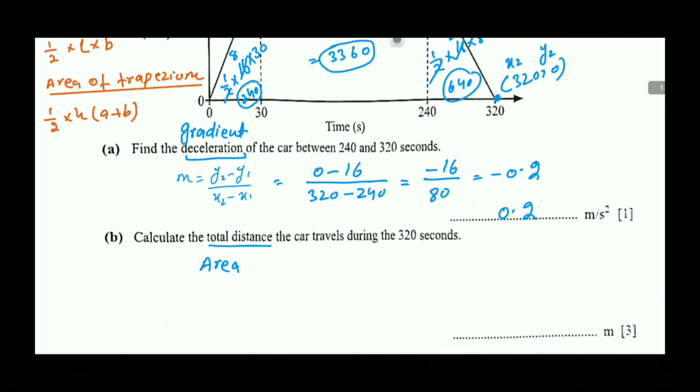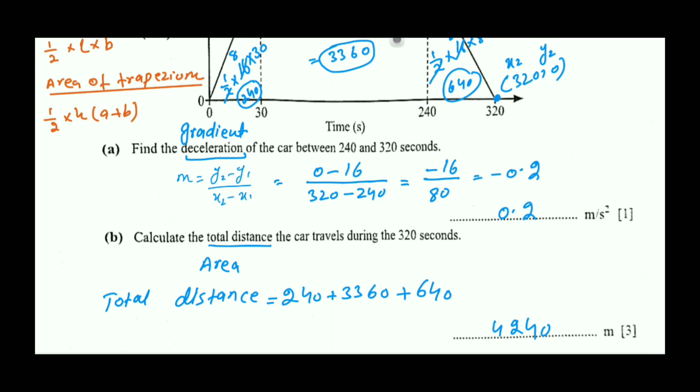Now you will add all these areas. Total distance or area is 240 plus 3360 plus 640, and you will get 4240. This is the final answer.